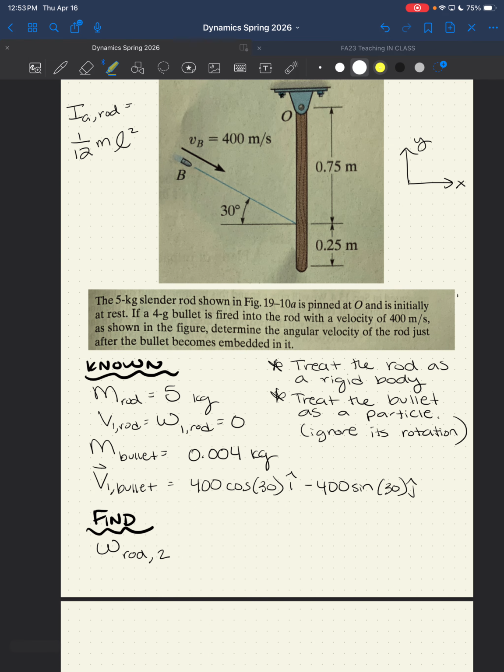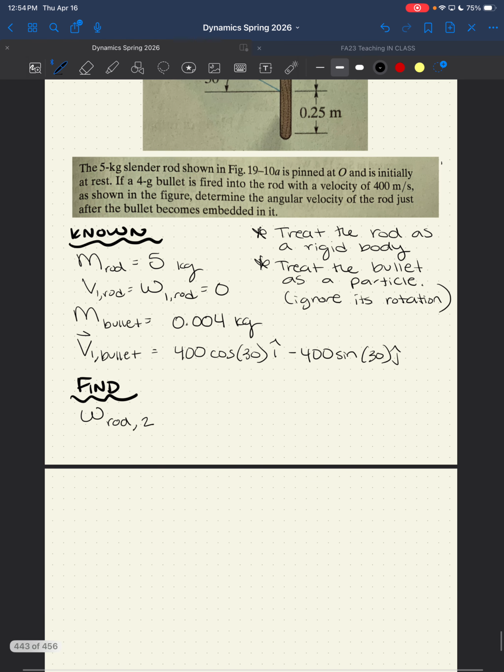That's going to apply itself to the bullet and to the board. And so if we only did impulse momentum for the bullet, we would have to deal with those unknown quantities, right? They would show up in the impulse part of the problem. But when we treat them as a system, we have equal and opposite impulses that cancel, okay? So the impulse applied to the bullet cancels with the impulse applied to the board, and we just get that the angular momentum at time 1 is equal to the angular momentum at time 2.